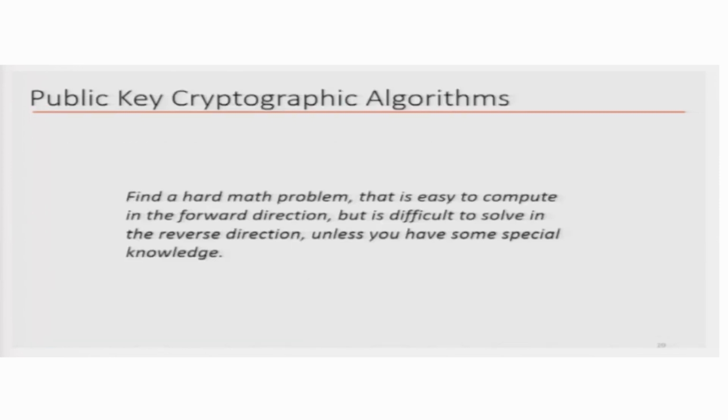So, public key cryptography is, as I said, based on a hard mathematical problem. For example, RSA is dependent on the fact that if I give you a very large integer n, and the n can be factored into two prime numbers p and q, finding those p and q to factor n is a very hard problem.